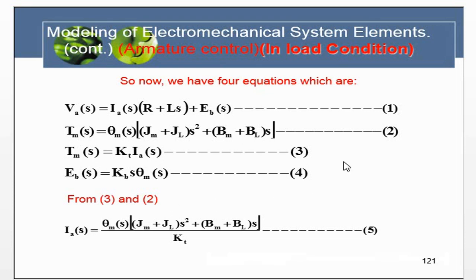Now from equations 2 and 3 we can get the armature current, where Ia is equal to Tm per Kt. For Tm, we substitute, and then we get equation 5.